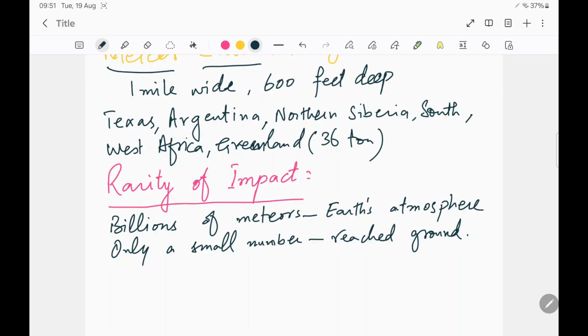But as far as recorded history, it is said that probably no human being has ever been struck by these meteors. So the impact is quite real, and moreover, human beings have never been hurt or injured by these meteors.